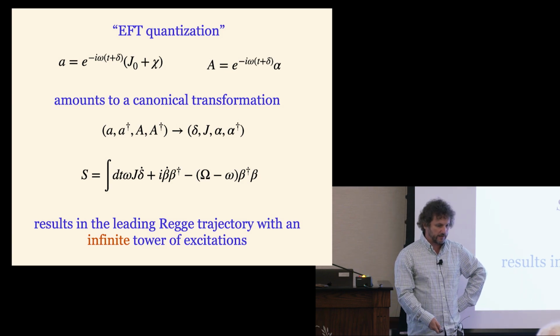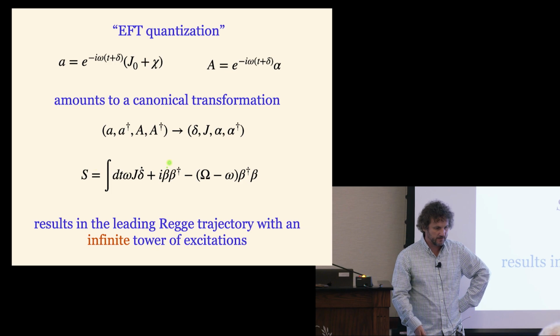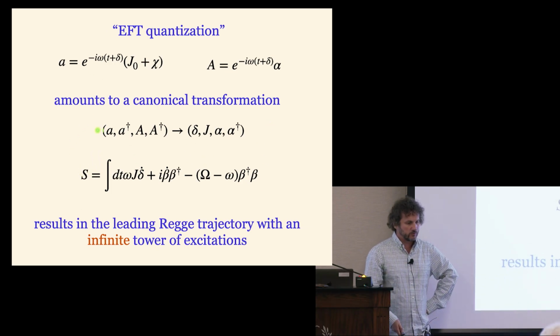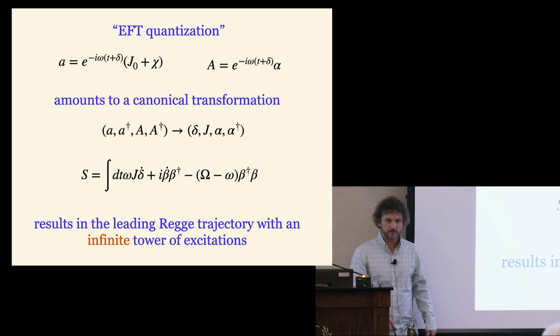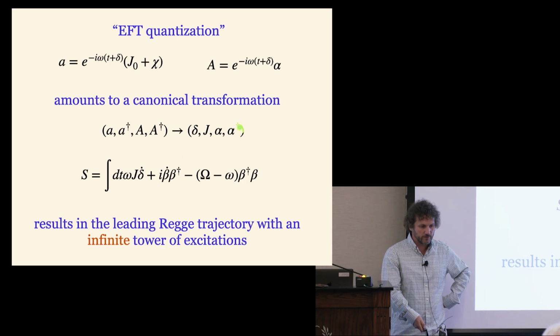And if one does it, one obtains this action in terms of these variables. So it amounts to doing a canonical transformation from the initial oscillator basis to the basis delta and j, the two canonically conjugate variables. And then there is a co-moving oscillator alpha, and its frequency is shifted.